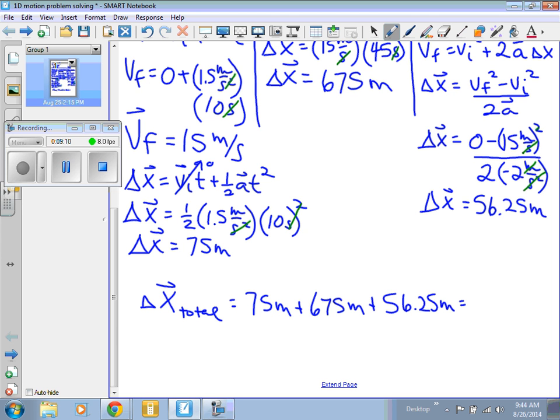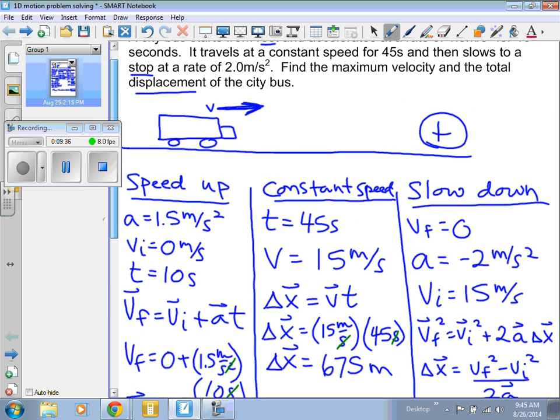And so we can quickly add that up, and we get our total displacement of the bus, which is 806.25 meters. All right, now there is the equation way to solve that problem. We can also solve this problem by using graphs, and I'm going to show you that way as well.